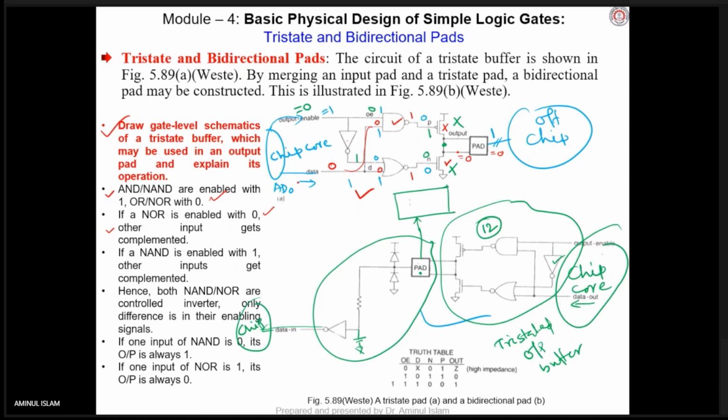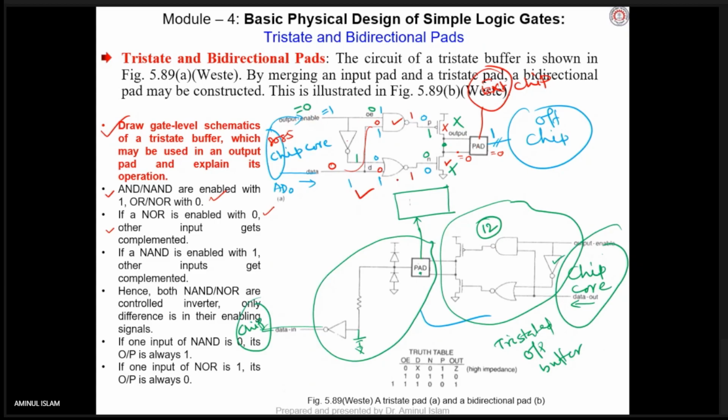Suppose data is coming from the data line. This is the chip side, say 8085, sending data through the data line. Coming here, it has to be sent to this pad, from which it will be going somewhere external, to an external chip, for example. Now, this output enable, suppose you are giving a 0.